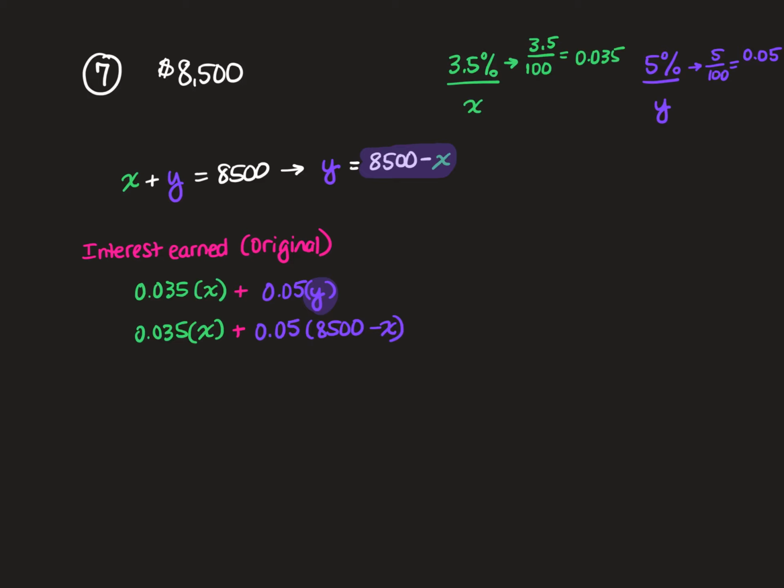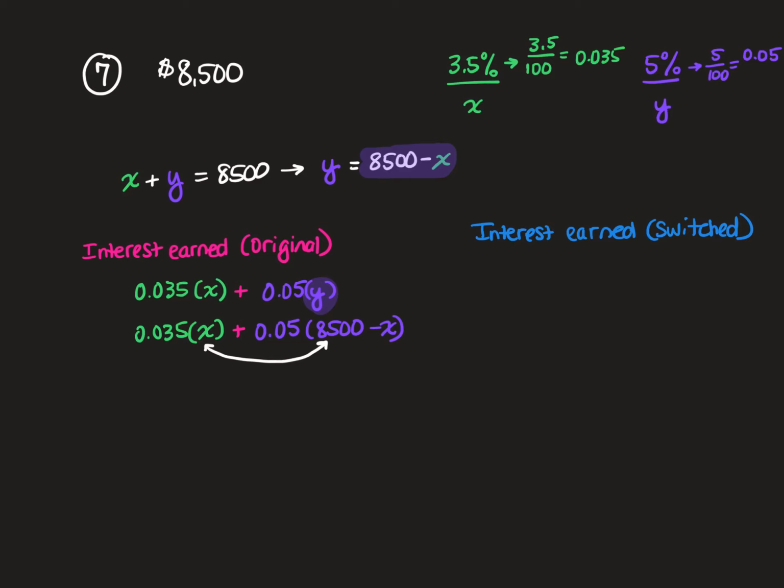So let's look at the interest earned when we switch. Okay, so we're just going to switch the values that we earn at each interest rate, which really just means this, guys. Instead of earning 3.5% on X, we're going to earn 3.5% on 8,500 minus X. Instead of earning 5% on 8,500 minus X, we're going to earn 5% on X. So essentially, what we see happen here is that either those two amounts get switched, or you can switch the interest rates, whatever you like better.